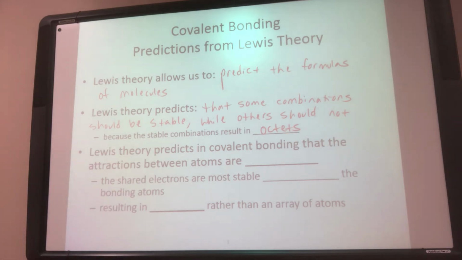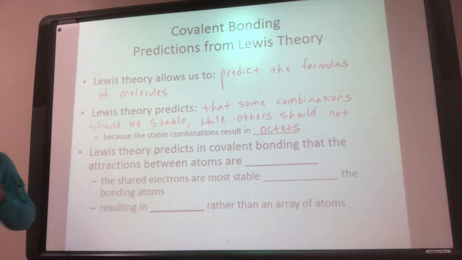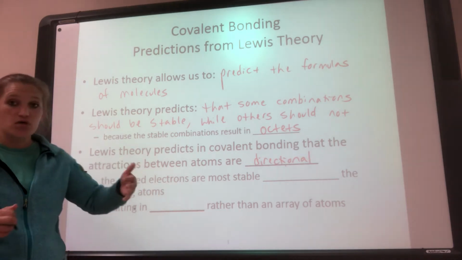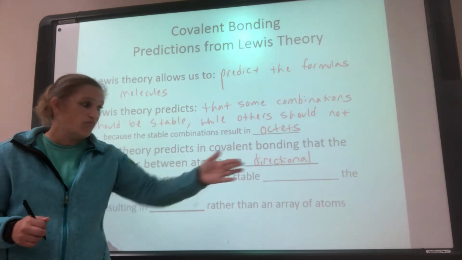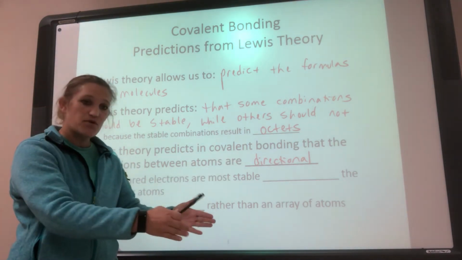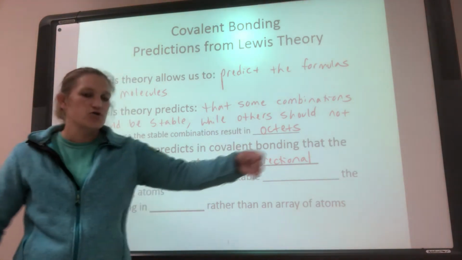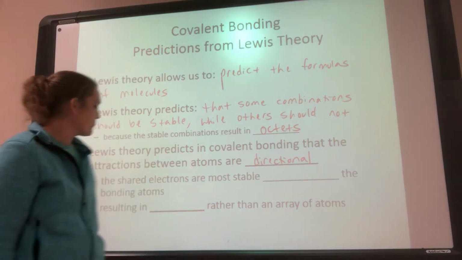Now, Lewis theory predicts in covalent bonding that the attractions between the atoms are directional. Remember, we talked about this when we talked about covalent bonding. If I'm sharing my textbook, I need to share it in between us. The best place for that textbook would be between me and the other atom, not way out here, not closer to me or closer to the other atom, but right in the middle.